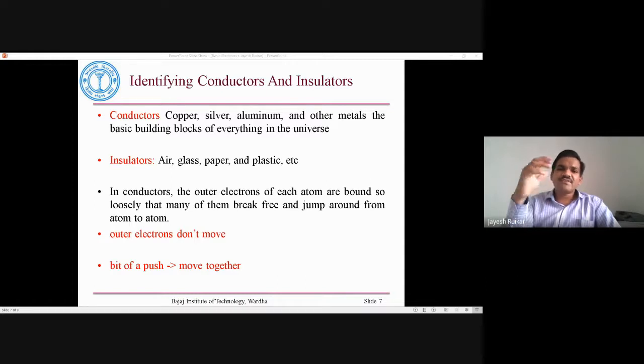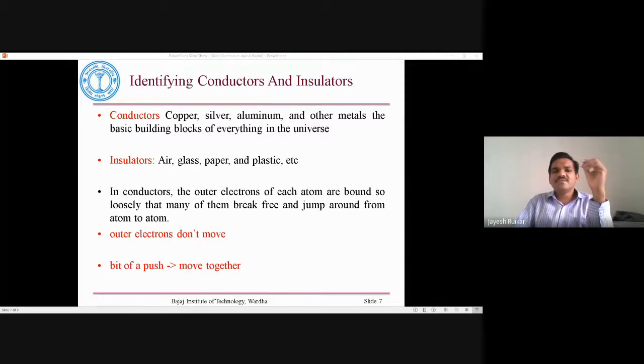For example, copper is a good conductor of electricity because it contains a single loosely bound electron in the outermost shell. If you remember the orbital structure of atoms, you can see that there is only one single electron which is loosely bound in copper.